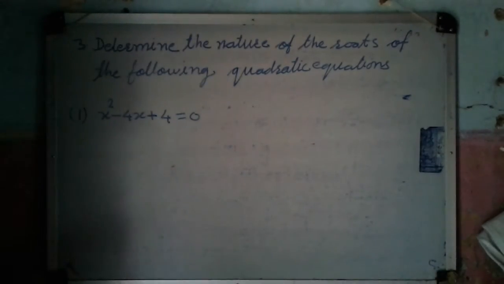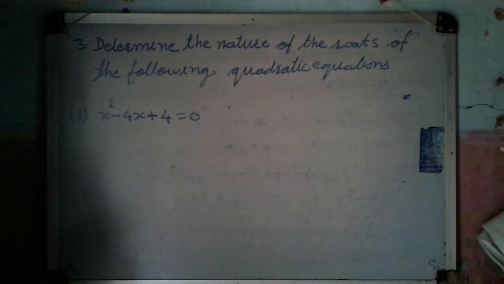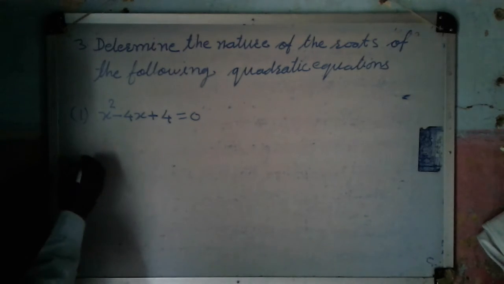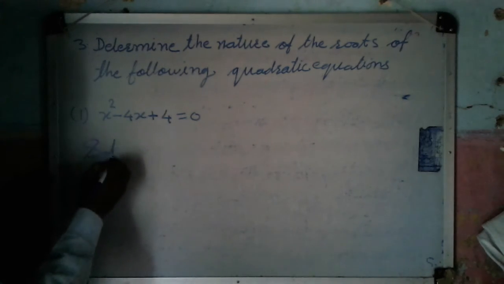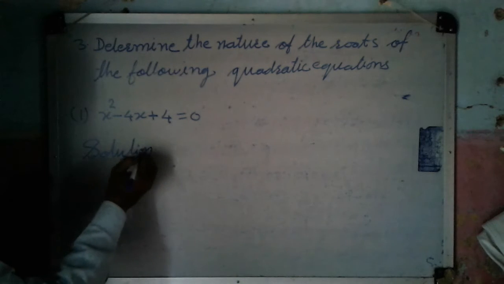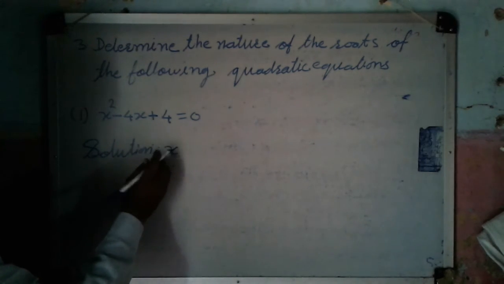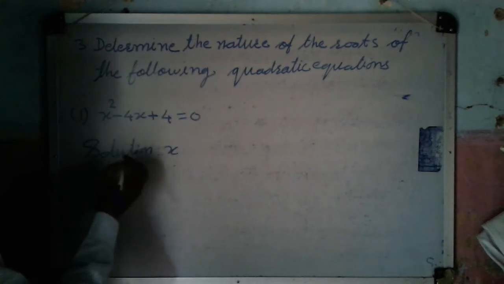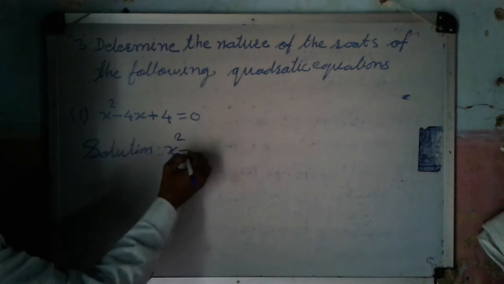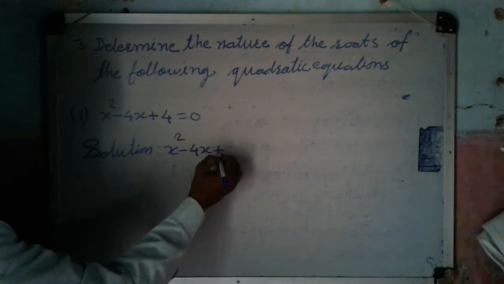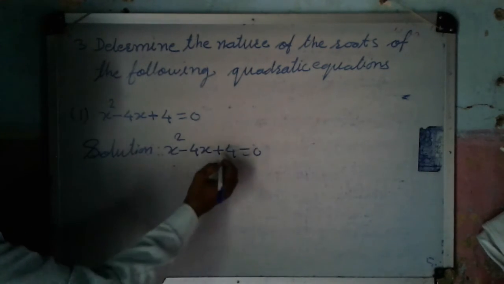Now question number 3. Determine the nature of the roots of the following quadratic equations. To determine the nature, first we have to find the value of discriminant. So this is the given equation: x square minus 4x plus 4 is equal to 0.